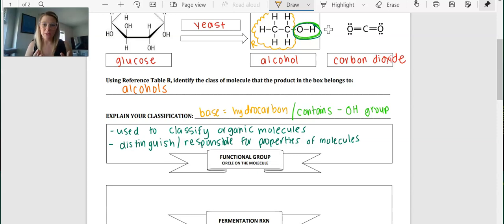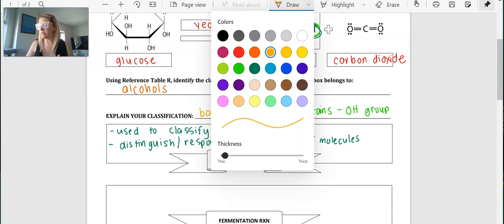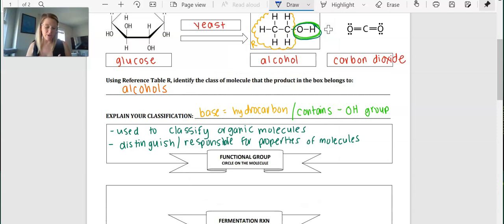So the above example was an example with glucose of the fermentation reaction, but what's going to be our general formula for fermentation reactions? What are we looking for in order to identify a fermentation reaction? So a fermentation reaction is always going to be some form of sugar. Now again, in the above example, we used glucose, but there's other sugars like fructose or sucrose, and typically we know it's a sugar because it ends in OSE, okay?